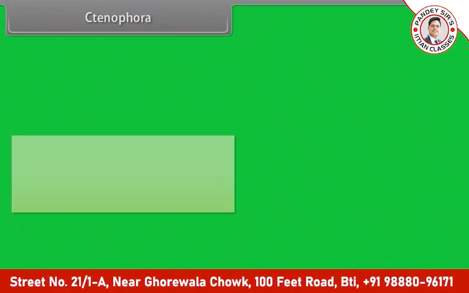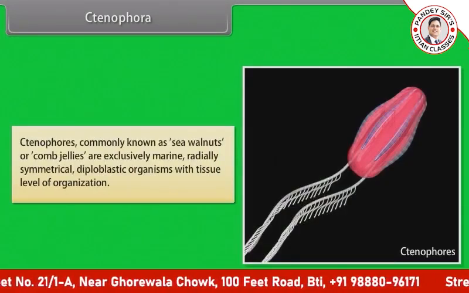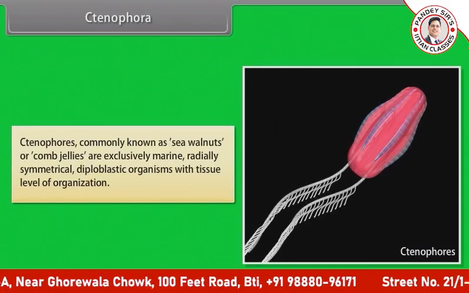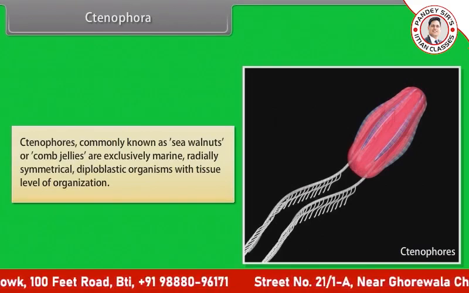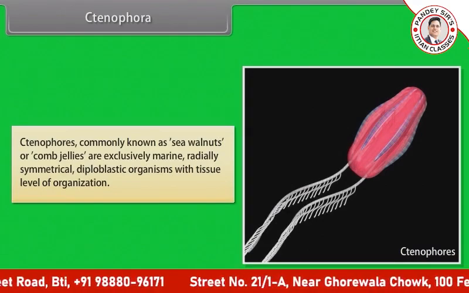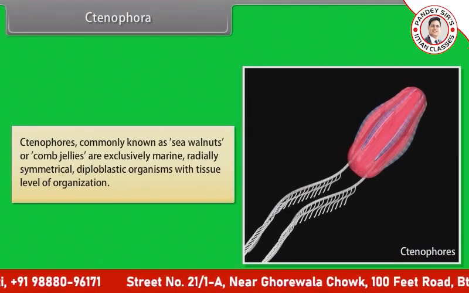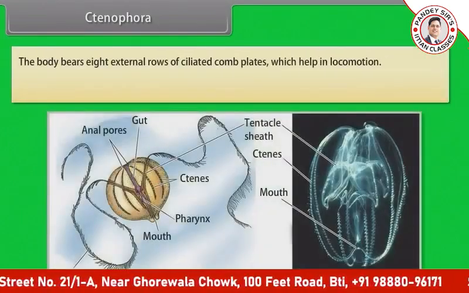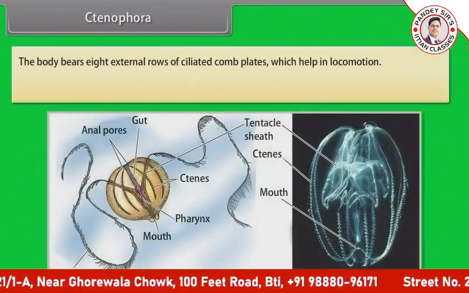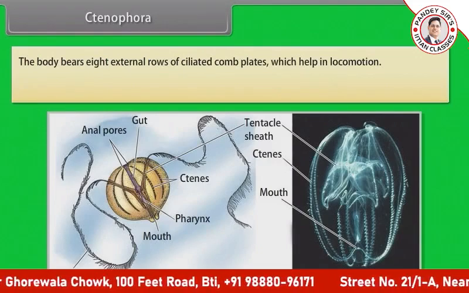Ctenophora. Ctenophores, commonly known as sea walnuts or comb jellies, are exclusively marine, radially symmetrical, diploblastic organisms with tissue level of organization. The body bears 8 external rows of ciliated comb plates which help in locomotion.